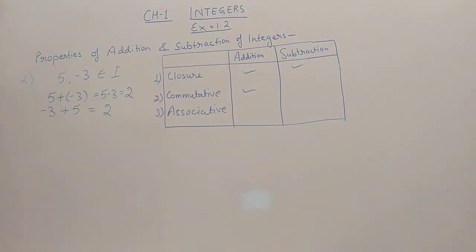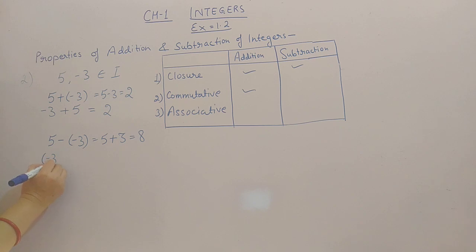Now we will check this property for subtraction also. First I am keeping 5 at first place, then I am subtracting the second integer, 5 minus -3. So this minus and minus will become plus. 5 plus 3 is 8. Now I am changing the order.